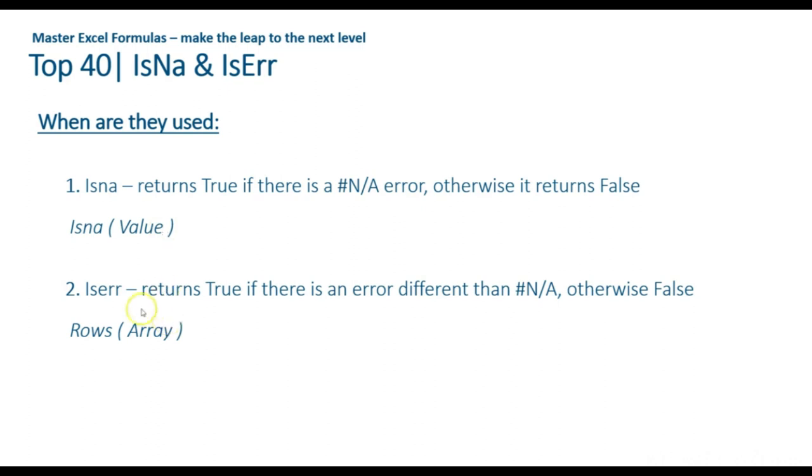Then ISERR is similar to ISERROR, which we'll be discussing further in this course, but it returns true if there is an error different than the NA error, otherwise it returns false.